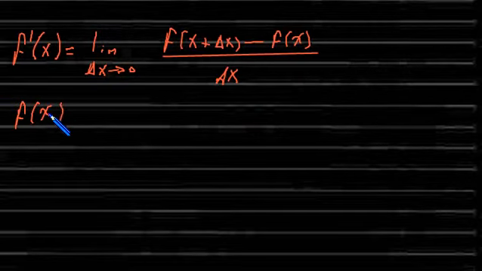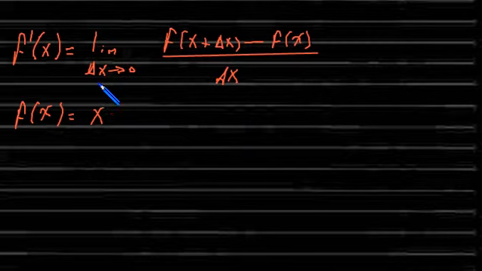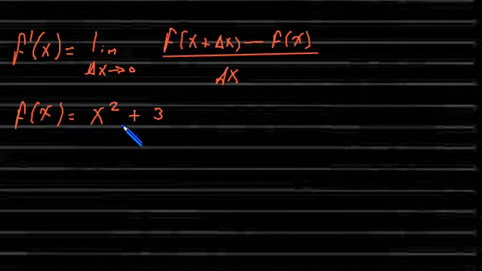So I'm going to use this definition to compute the derivative of the function f of x equals x cubed. I'm sorry, not cubed. I want something nicer. x squared plus 3. I mean, we could do x cubed, but it would take a little longer. So I want to show you how to do this using the definition.